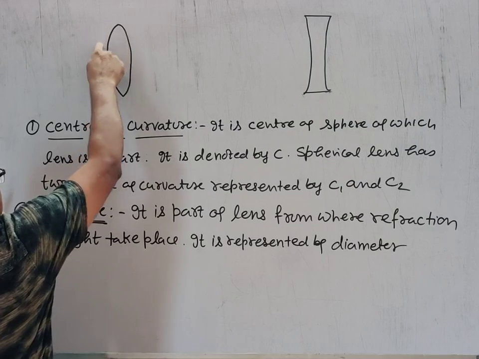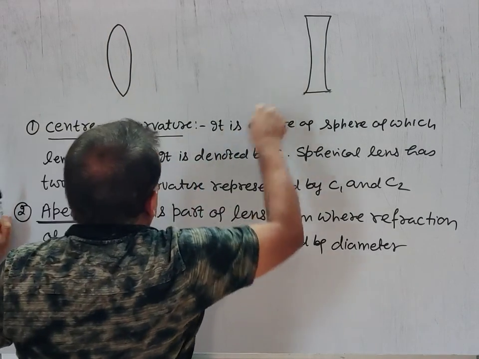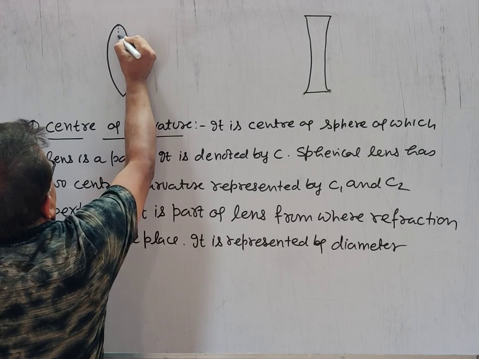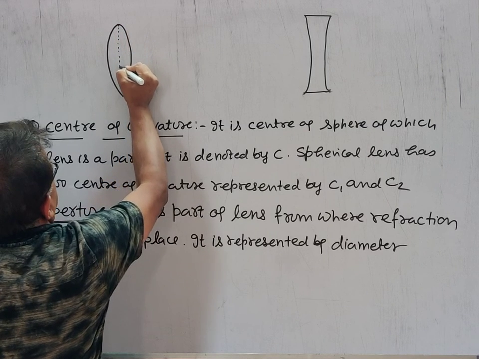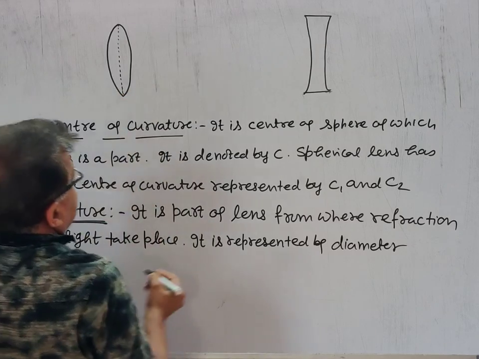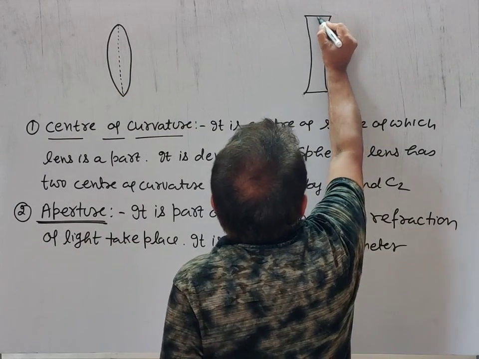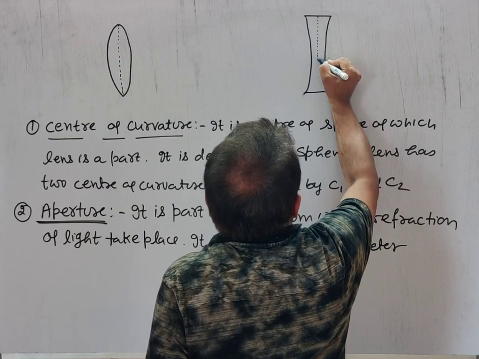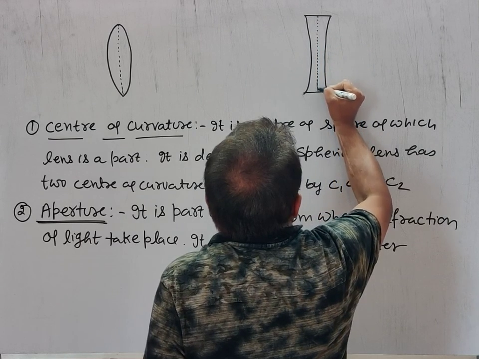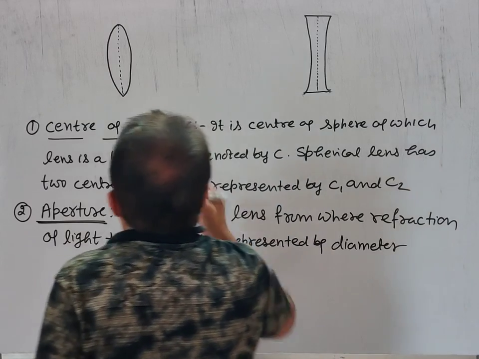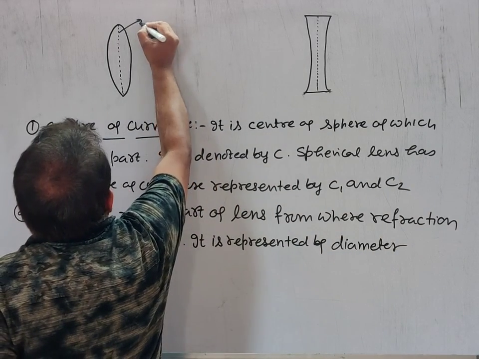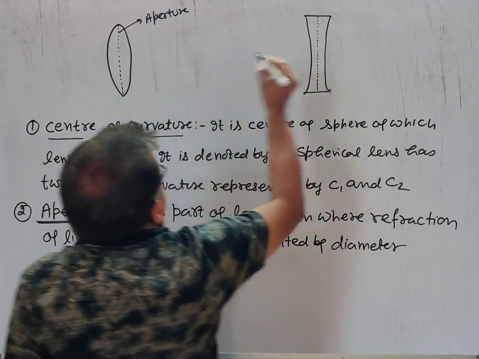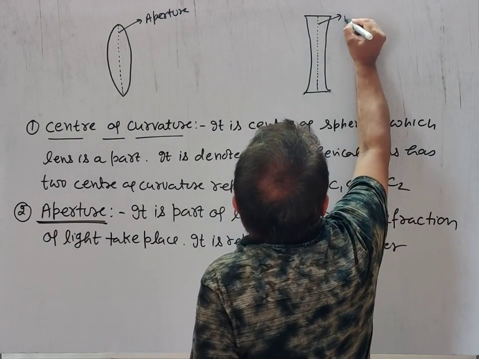From here refraction of light takes place, but we show it by the diameter, so this is represented as aperture, and in this also it is aperture. Here also it is aperture.